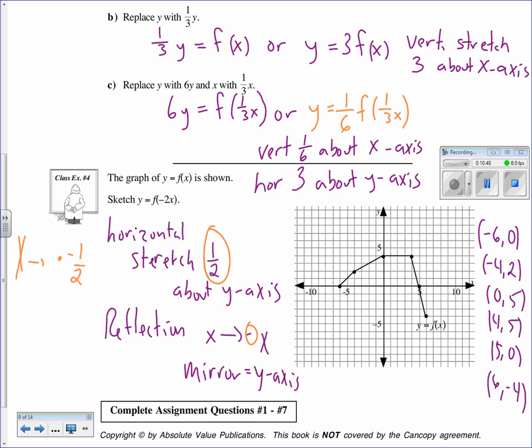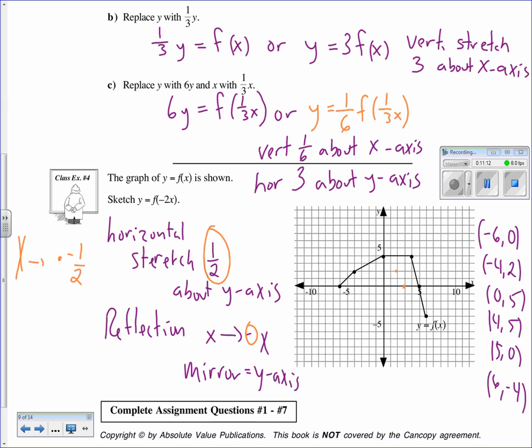So when I plot the graph, I'm going to get -6 times -1/2 is 3. And it's going to be at that same y value, (3, 0). -4 times -1/2 is 2. So 2 is going to be up at 2. So that's right here. 0 times -1/2 is 0.